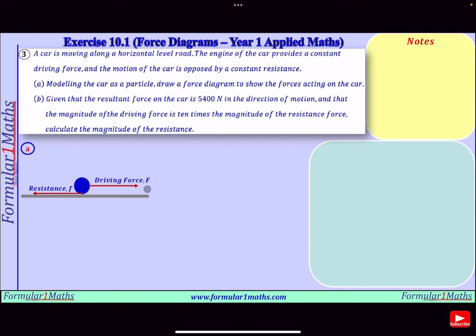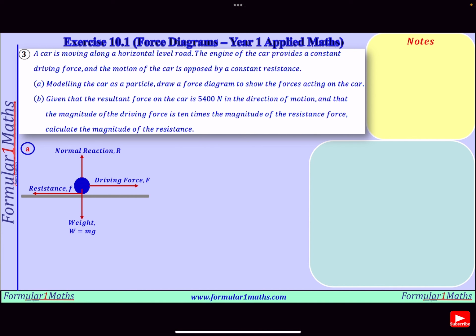There's also a weight acting downwards, and the weight W will always be equal to the mass times acceleration due to gravity. And because there's a weight, there is a normal reaction. And this is the force diagram required.